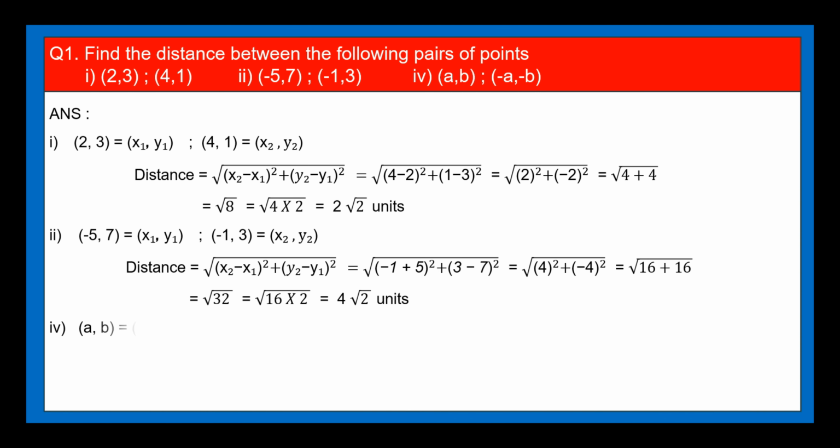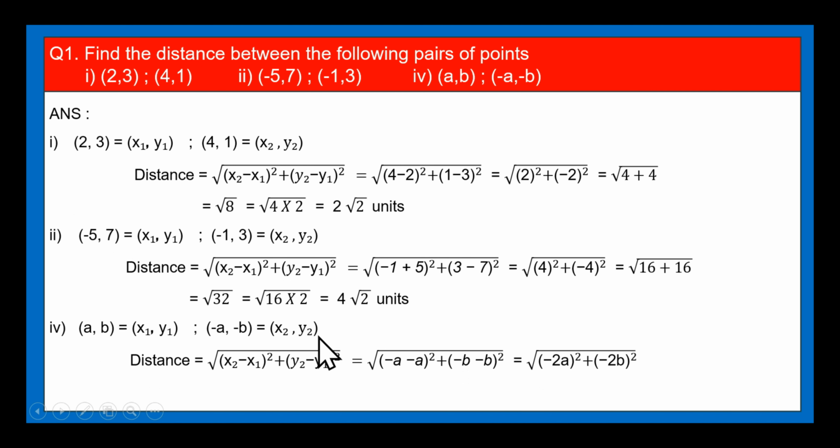Now let us solve the fourth bit. Here the fourth bit is, the first point is (a, b) and the second point is (-a, -b). Let us assume the coordinates of the first point as x1, y1 and the coordinates of the second point as x2, y2.